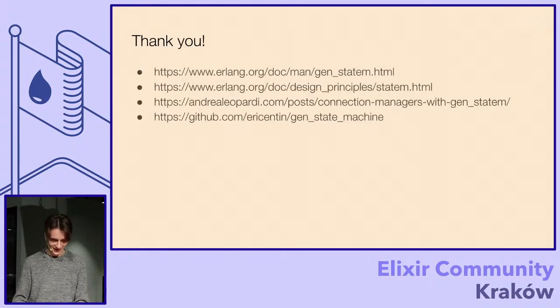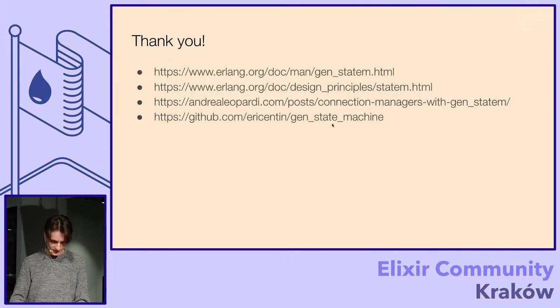Okay, then thank you. There are some cool resources, of course. Erlang documentation. There is also this article by Andrea Leopardi where he describes how he made a persistent connection manager with generic state machine.